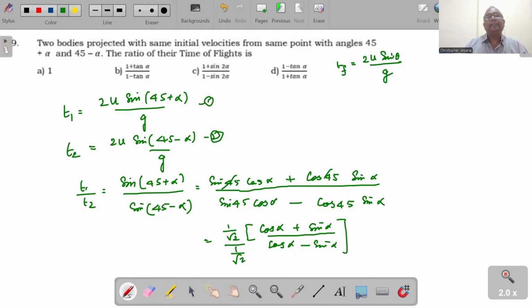1 by root 2 gets cancelled. Now what am I going to do? The answer should be in terms of tan, so I divide the numerator and denominator by cos alpha.